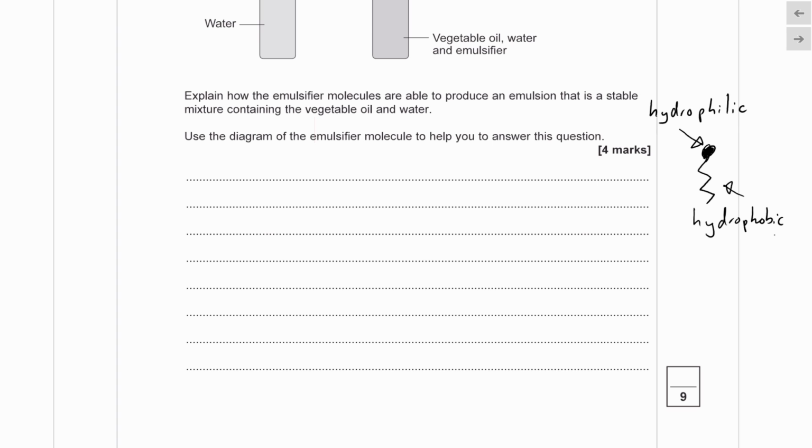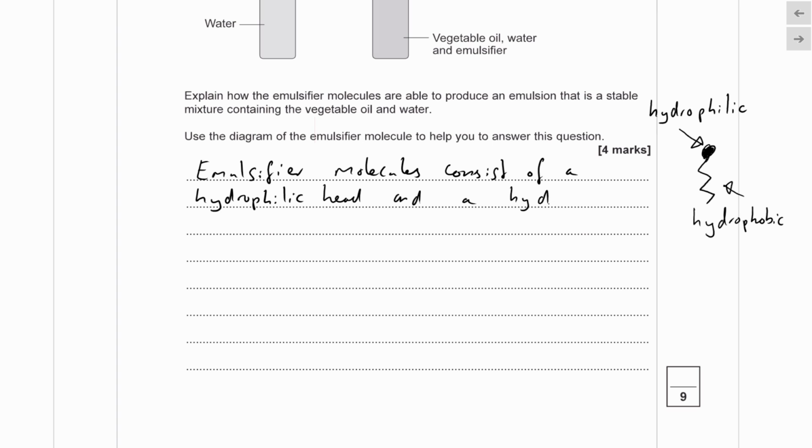Alright, and so in my explanation I'm going to say that emulsifier molecules consist of a hydrophilic head and a hydrophobic tail.